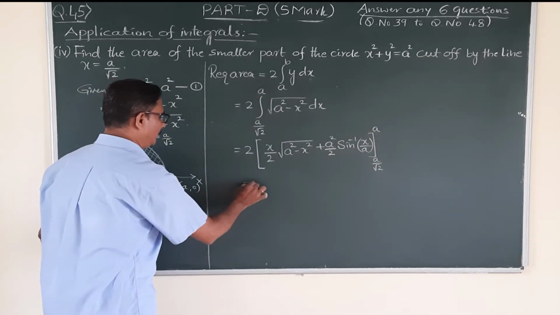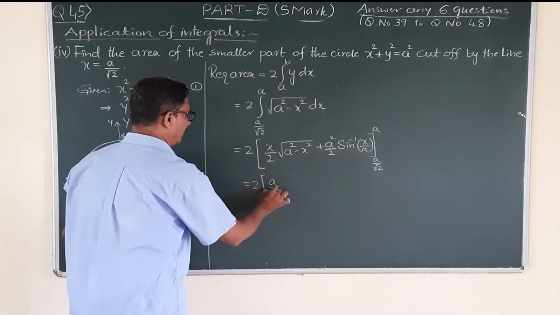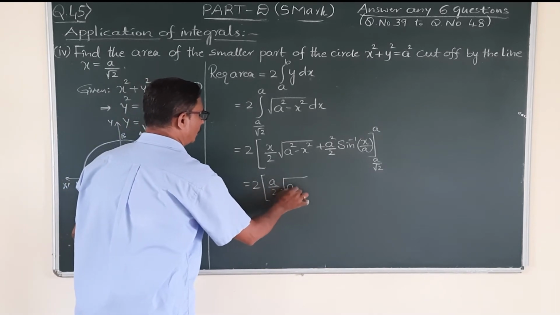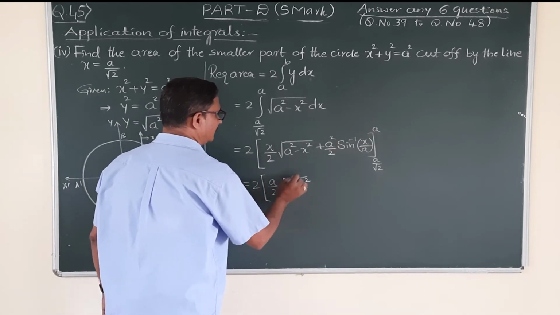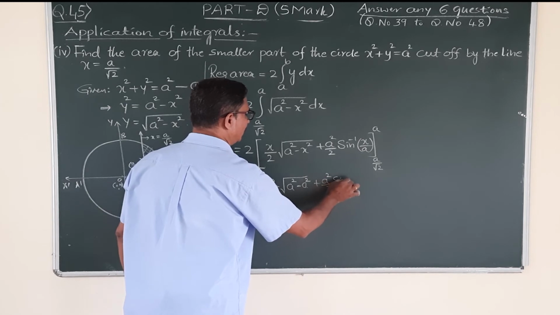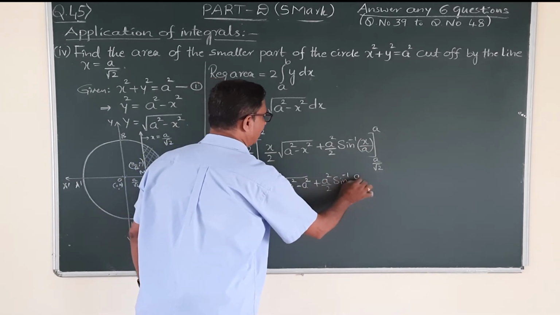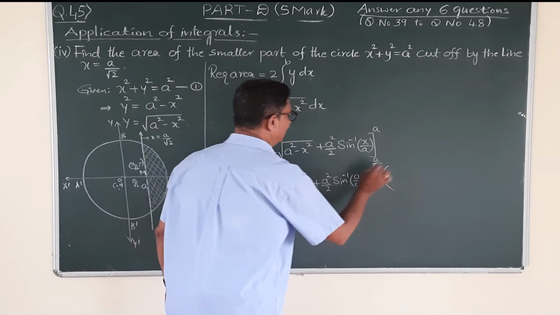Okay, simplify 2 into, put x equal to upper limit a: a by 2 under root of a square minus x square, with upper limit value a, that is x square is a square, plus a square by 2 sin inverse of x value a by a. This is upper limit minus lower limit.